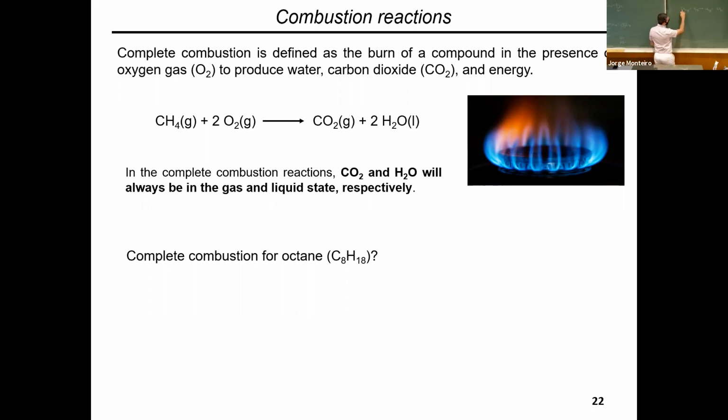Start looking at carbon. One carbon before, one after. So that's balanced. So add 1 and 1 here. Now look at the hydrogens, 4 before, 2 after. You need the number 2 here. And the last one to be balanced is always going to be oxygen. 2 atoms of oxygen from CO2, 2 atoms of oxygen from water.